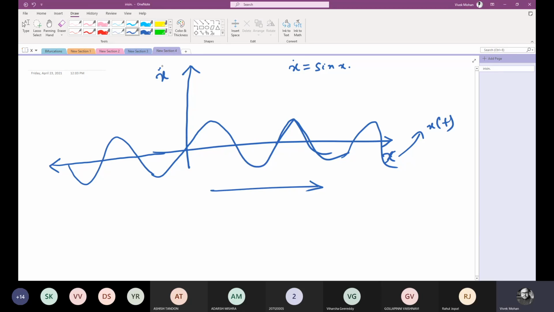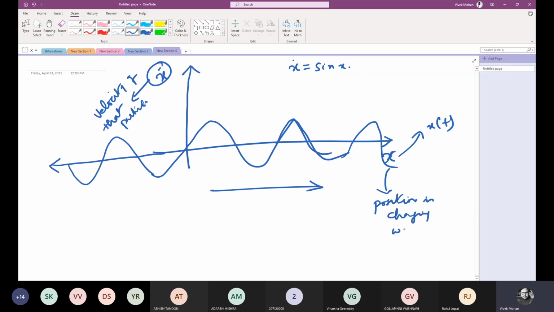So what is x dot then? The velocity of that particle, right? Velocity of that particle. The particle position is changing with respect to time. Position is changing with respect to time because x is a function of time. Okay, so that is what is happening here. Physically, we are mapping this to such a context.